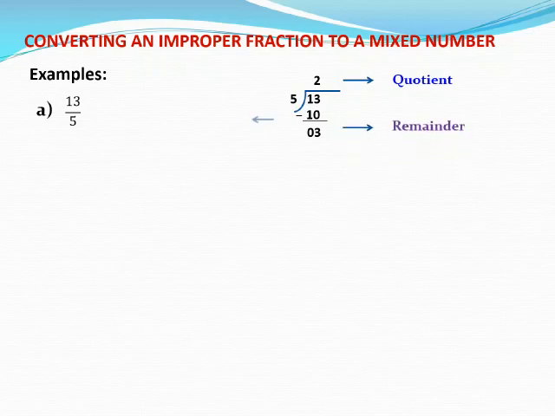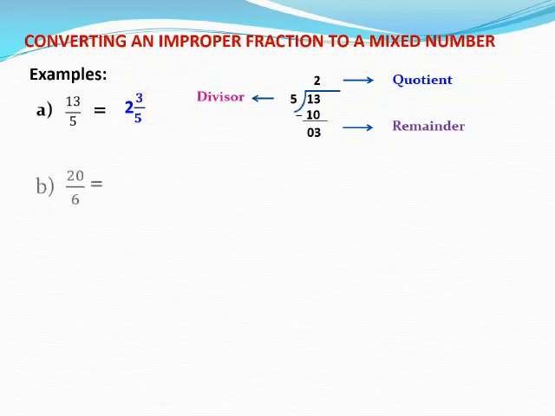You know the divisor is 5. So what is the form of writing a mixed number? First, we write the quotient as the whole number part, the remainder as the numerator and the divisor as the denominator. So the form is quotient, remainder by divisor.